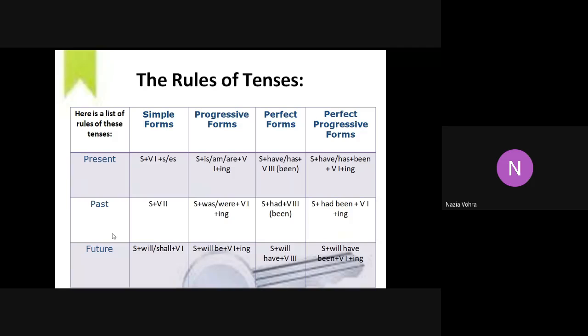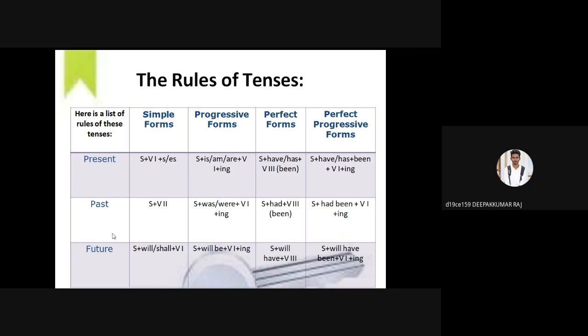Then we will have a will or a shall plus the verb one form. So the only difference between the present and the future is that we use v1 and add a will or a shall for the future tense. That's it. Clear? Any doubts, guys?